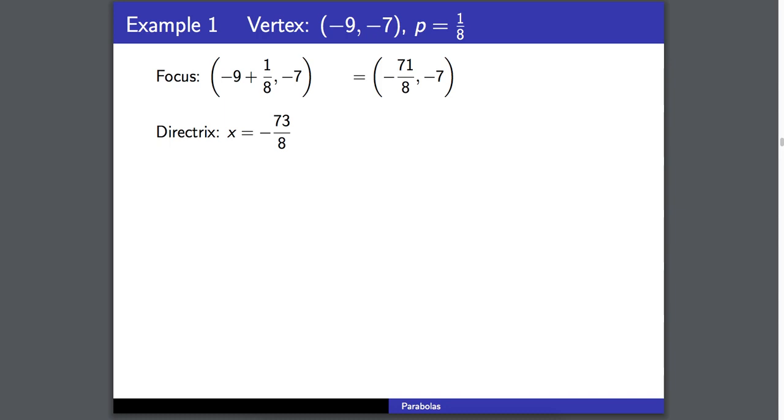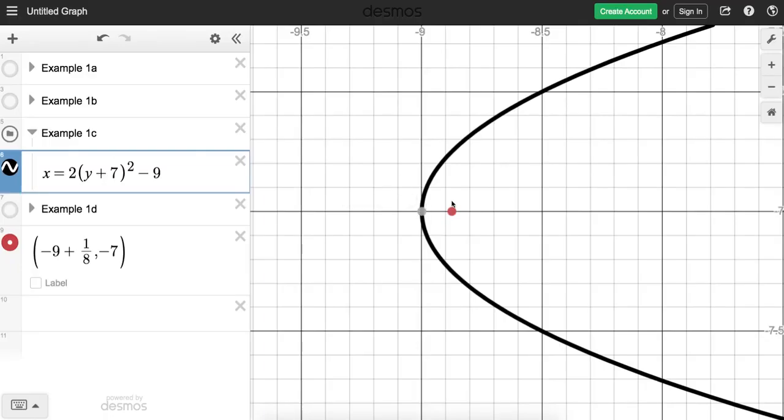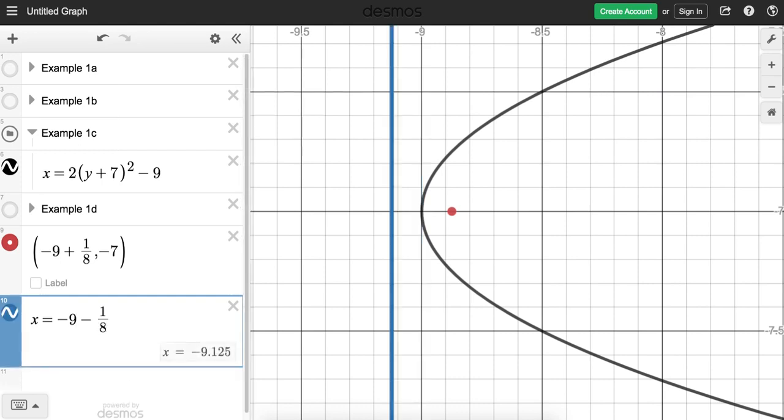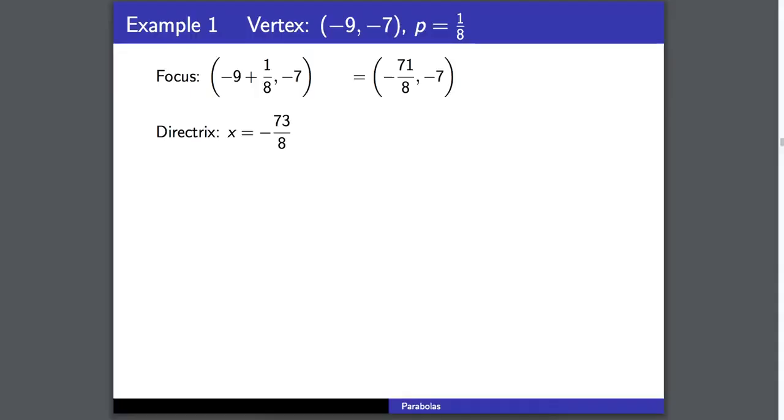Our directrix line, we're going to go the opposite way. So instead of adding 1/8 to go to the right, for the directrix line, we want to go to the left. So we want to do x equals -9 minus 1/8, which gives us -9 1/8 or -9.125, which if we convert it to an improper fraction is -73/8.